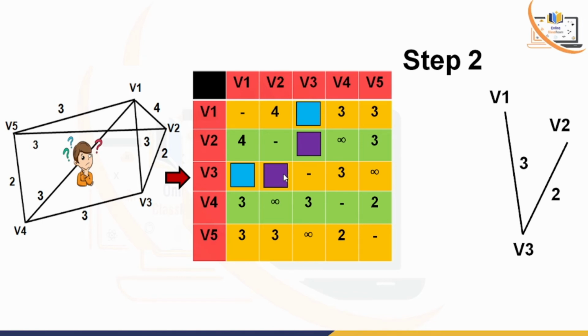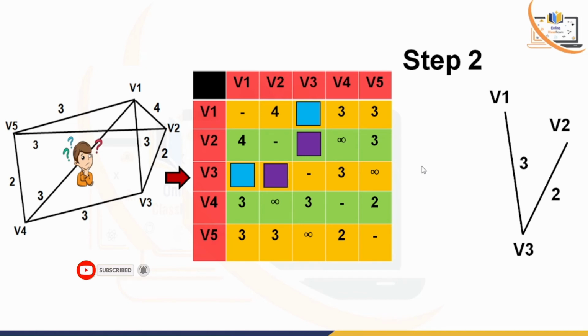Okay. Now focus on this particular stage. Here V1, V2 and V3, these 3 vertices are connected. So we have to observe these 3 rows simultaneously and take the minimum element. Look, the minimum element is basically 3, but it occurs 4 times.